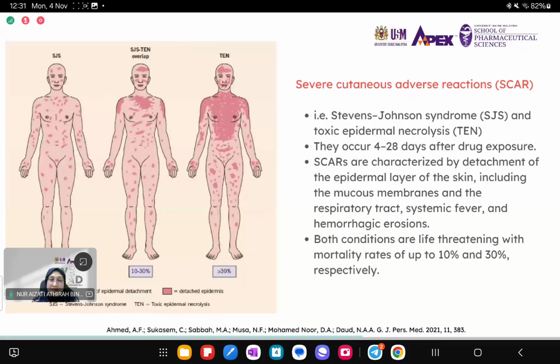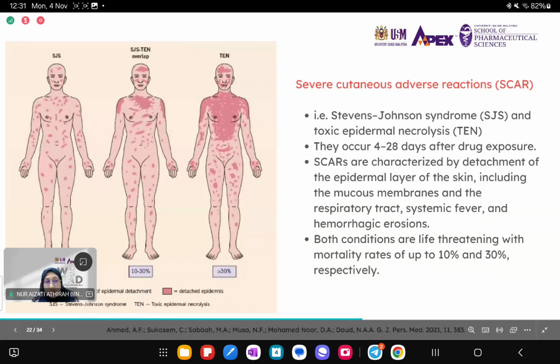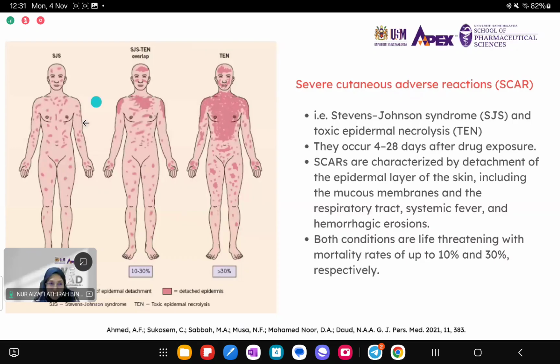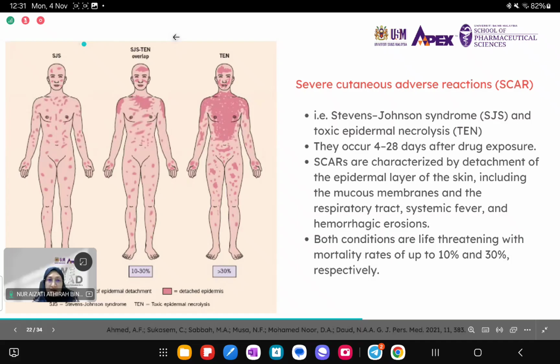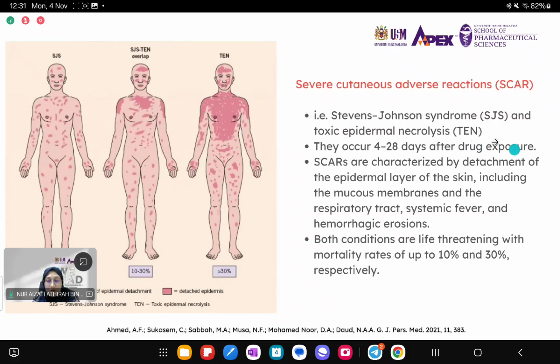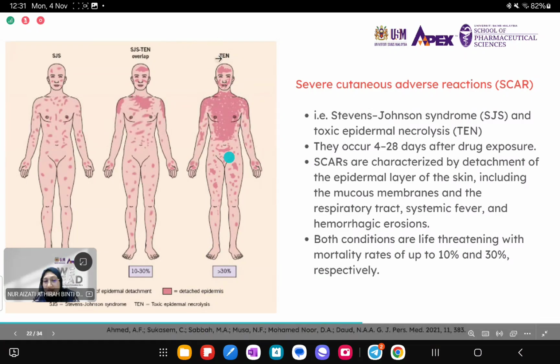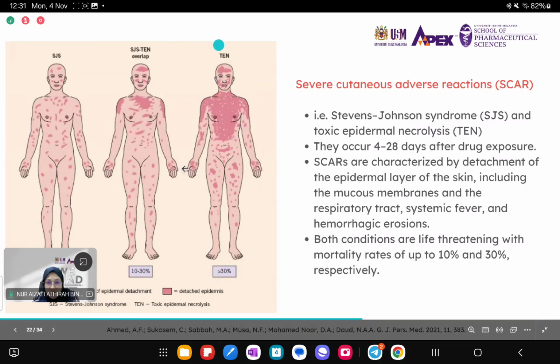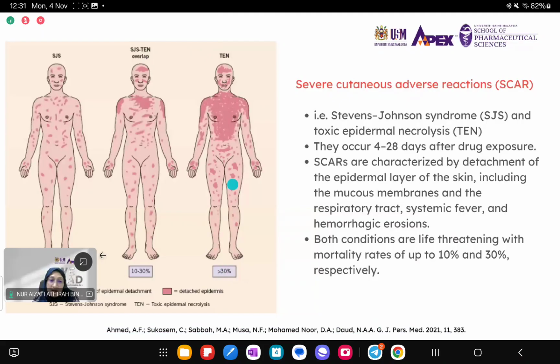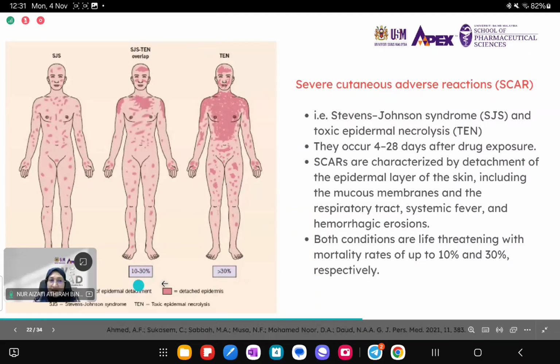For example, SJS covers less than 10% of the body surface area. So bila kita tengok ni is just less than 10% lah. So that's, we call it as SJS. But TEN is more severe because it involves more than 30% of the body surface area. And in between, for example, 20%, we call it as SJS TEN overlap.